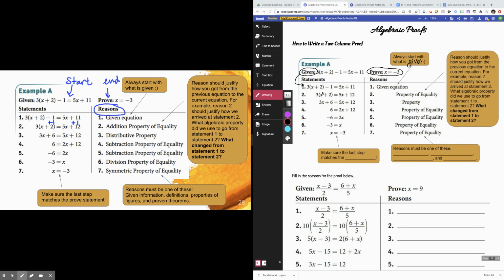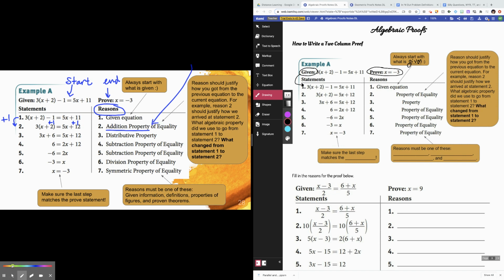So if we're looking here, what they did in order to go from step 1 to step 2 is they added 1, which means that the reason for step 2 is the addition property, because that's how I got to step 2. The reason that you list with the statement is always how you got there.